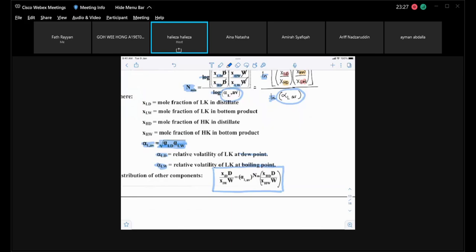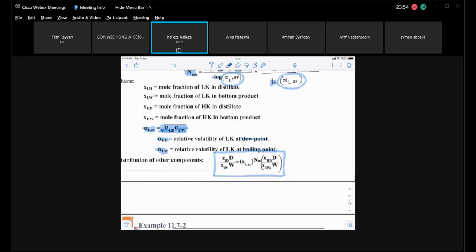Because 90% of the light key is going to be in the distillate, 90% of the heavy key will be in the bottom product. So the major part is the B and the C, because they're 90%. The components A and D are in very trace amounts. So the distribution will not go too far off from your first initial assumption.